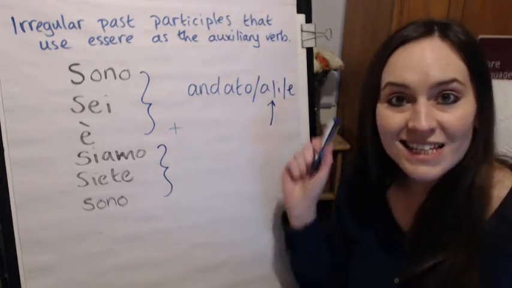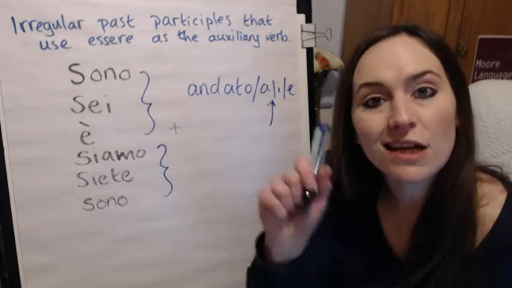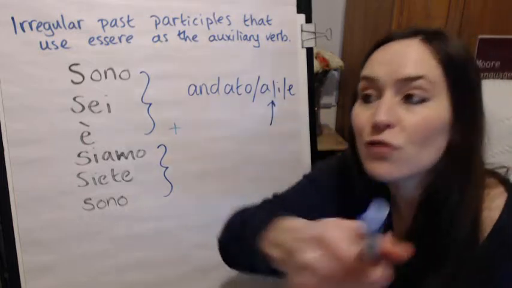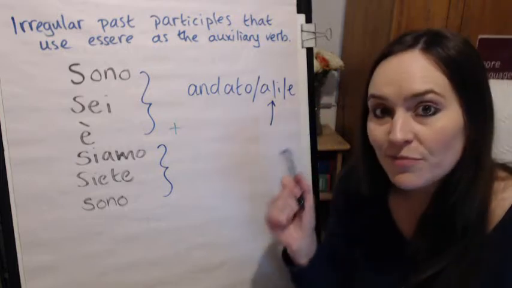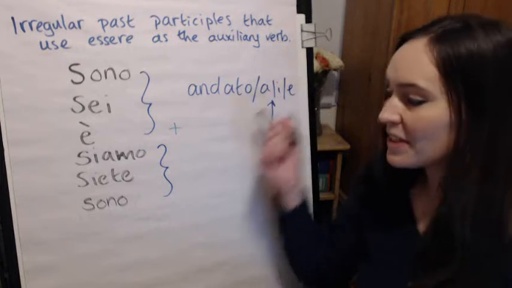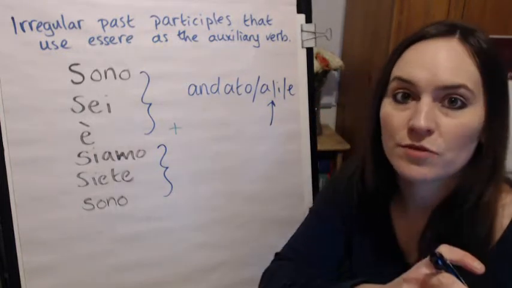Siamo andati, we went. So that's either a group of boys or a group containing at least one male. Siete andate, voi siete andate, that's a group of girls because the ending is an E, but it's the plural ending. Sono andati, sono andate, they went, a group of boys, group of girls.